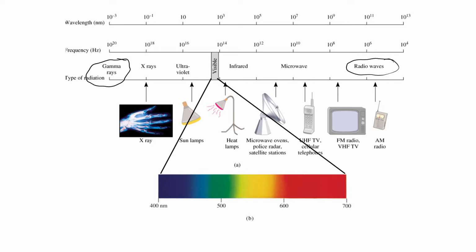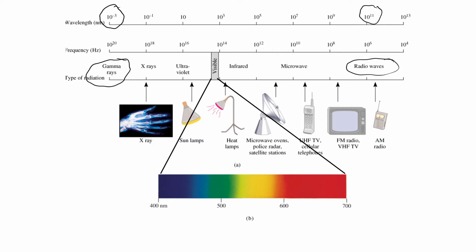And you can compare their frequencies and wavelengths. So if we have gamma rays being the highest energy type of electromagnetic radiation, it is going to have the shortest wavelength versus radio waves having the longest wavelength.